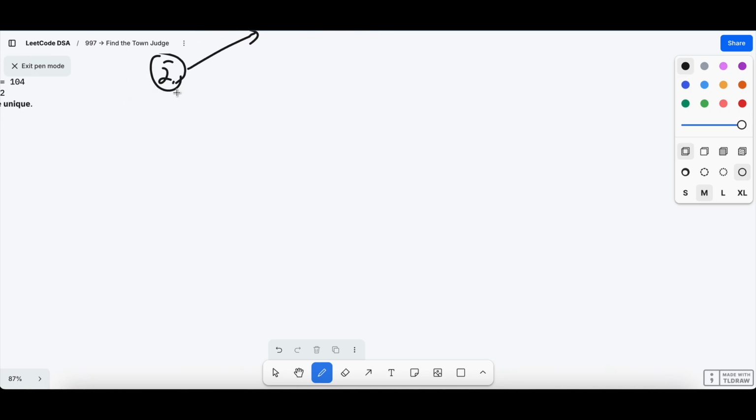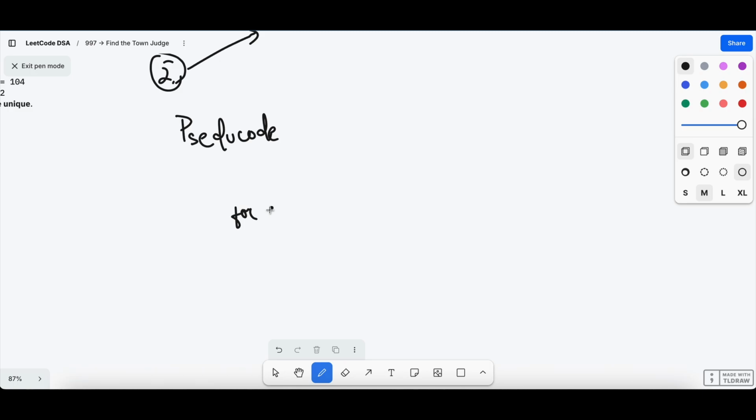So if we write the pseudocode, we have to do two things.